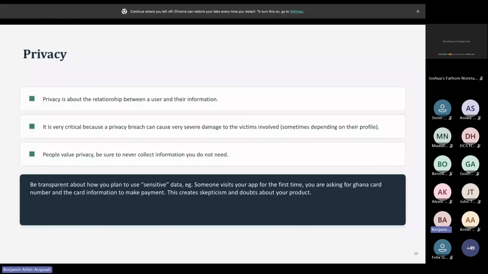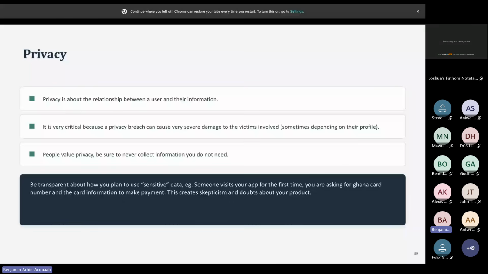Even when the person is not high profile, it is still very important to make sure people's information is protected. There is something we call PII, which means personally identifiable information.